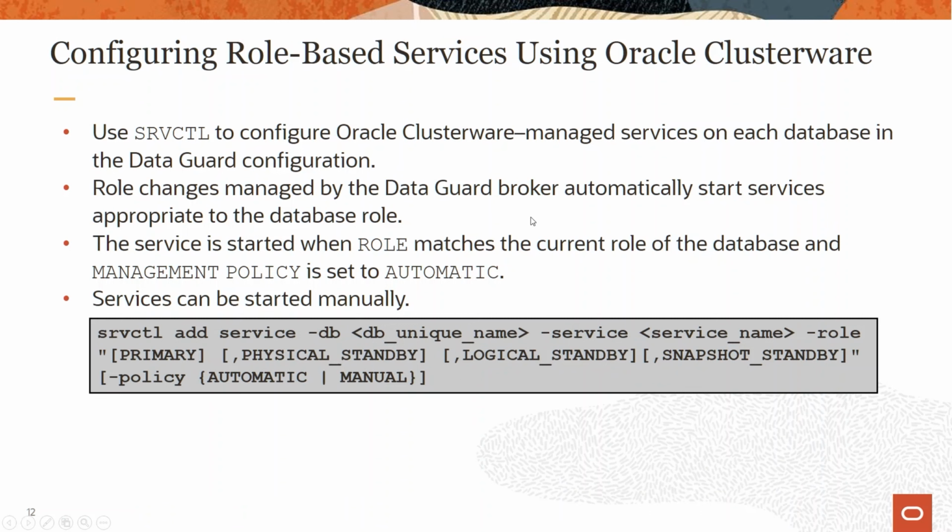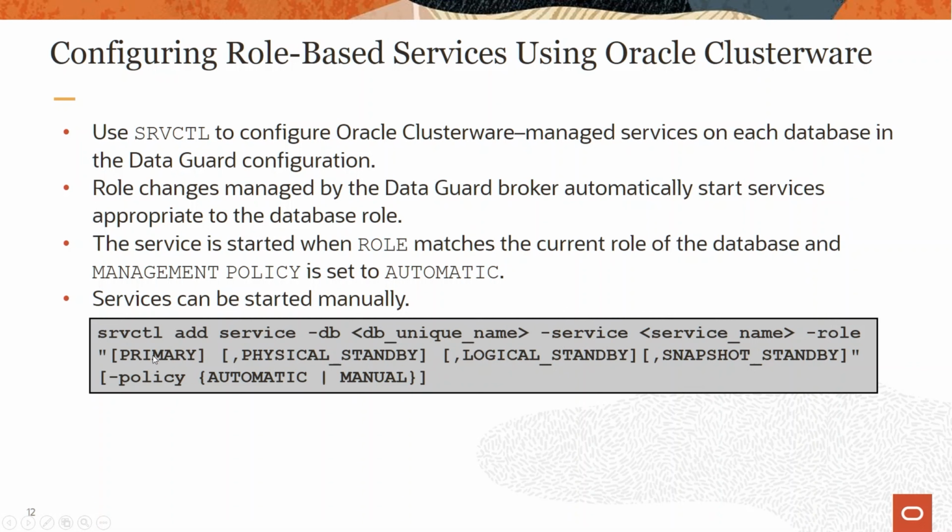If your environment is a clustered environment or an environment with Oracle Restart, then we can add a service that is role-based. So here's an example. SRVCTL add service for database, service name, and role. So I want to start this service only when database role is primary, or only when database role is physical standby, only when role is logical standby, only when role is snapshot standby database.